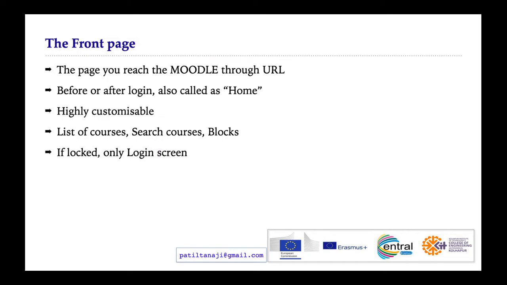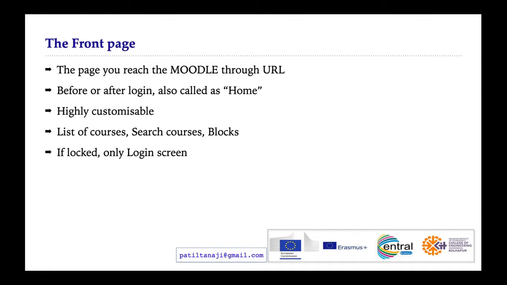So the front page, this is the initial page seen by someone reaching a Moodle site, maybe after or before login. Typically a student will see the courses, some blocks of information displayed in that particular theme, and the navigation bars. This is called the home page of your site.